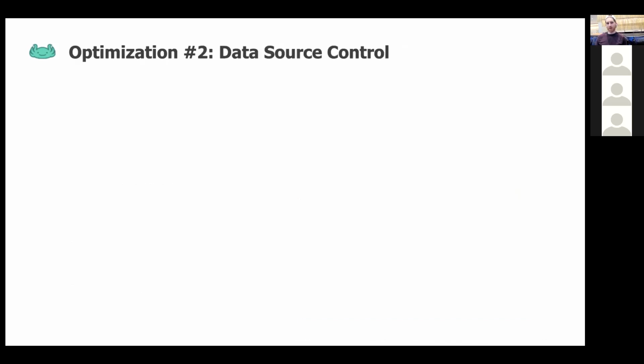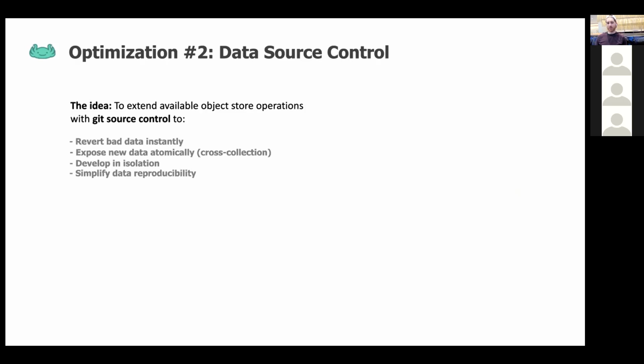Next, we'll come to the category of data source control. The idea here is to extend the operations available to you in an object store with something like those available to you with Git and managing code. This provides a number of benefits that we'll cover in more detail in a bit.